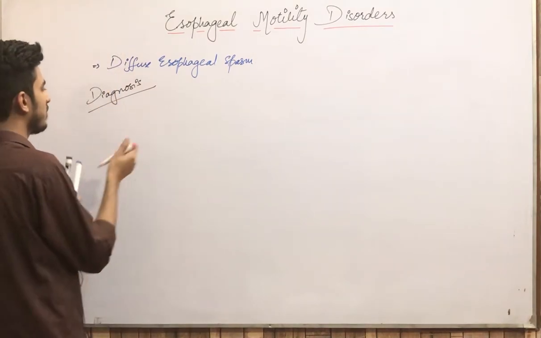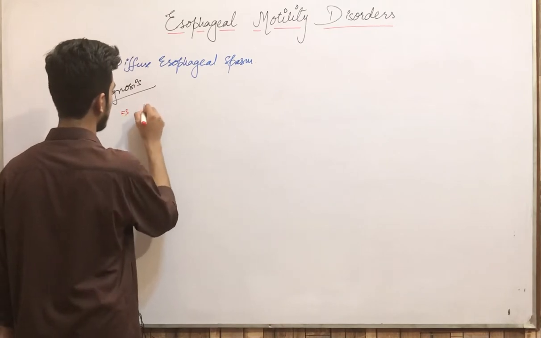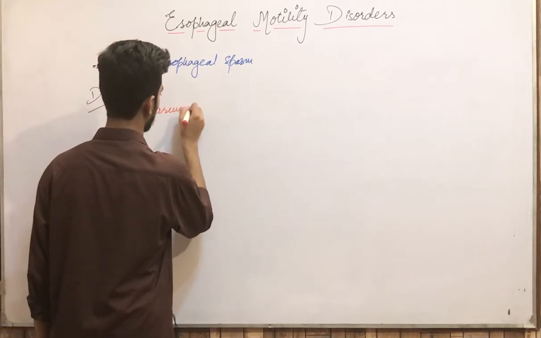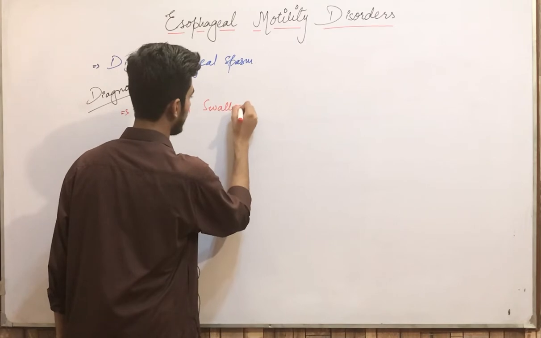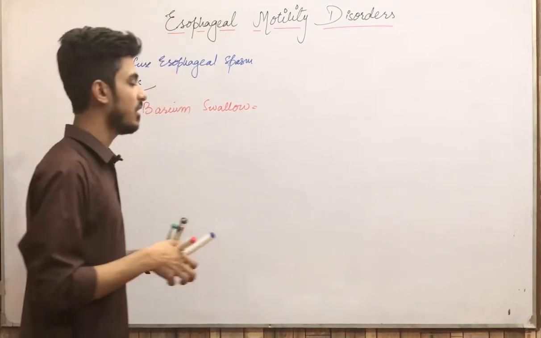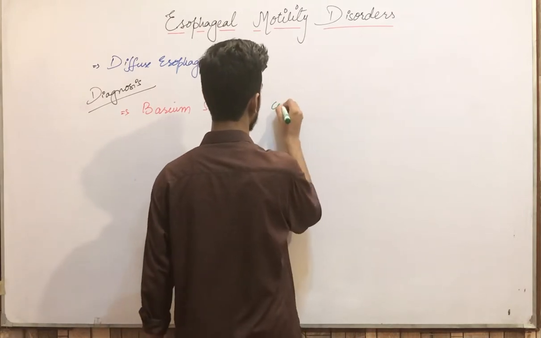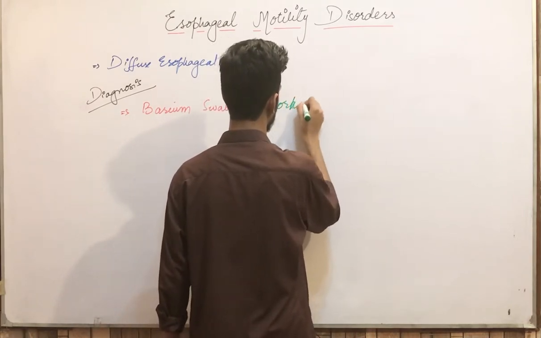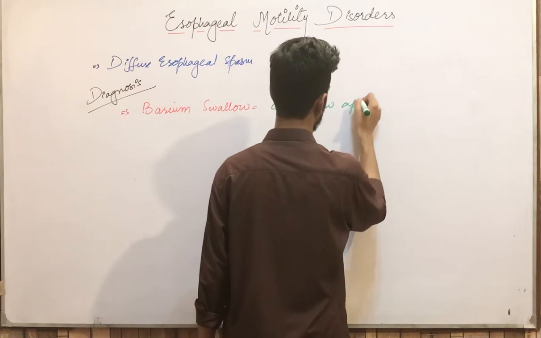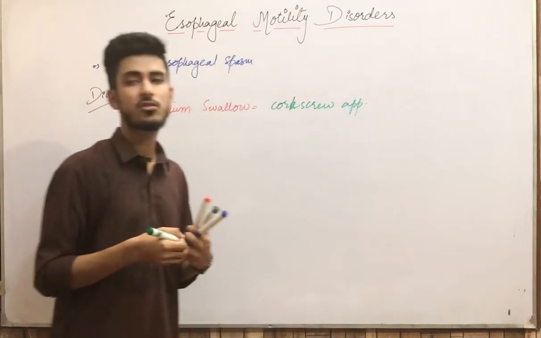The first investigation in this condition is the barium swallow. On the barium swallow you will observe an appearance that is called the corkscrew appearance. What is this corkscrew appearance?